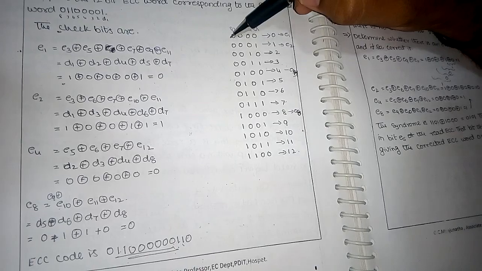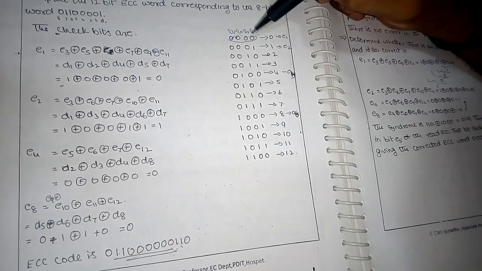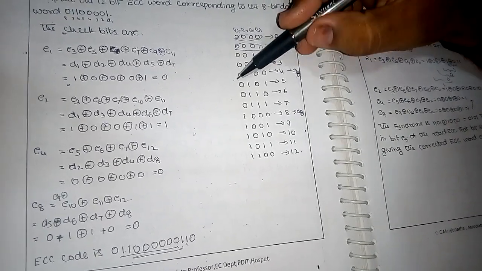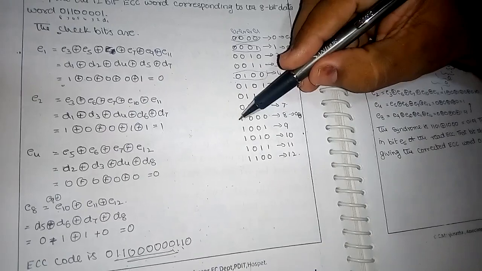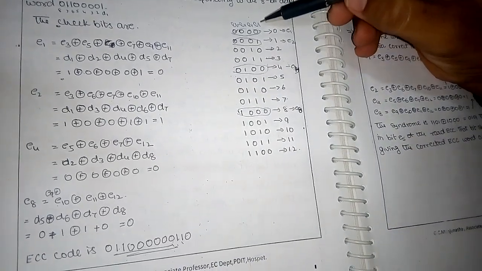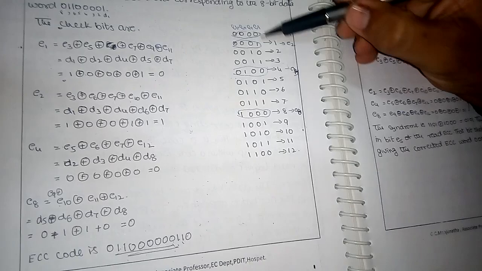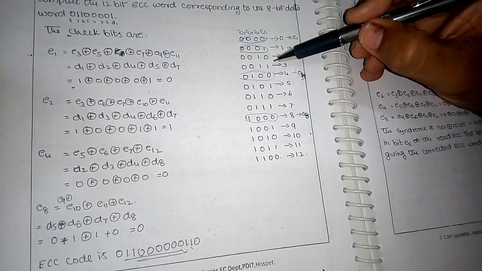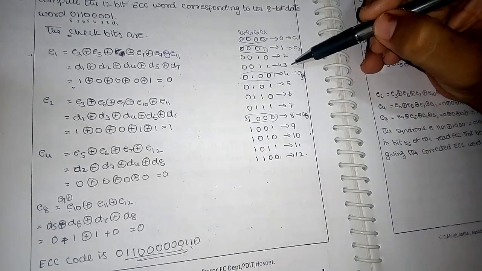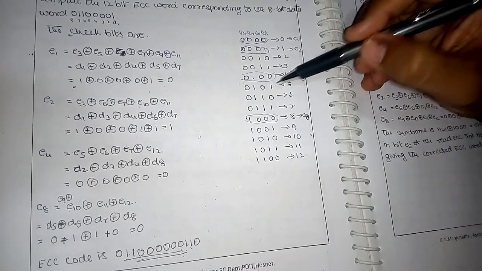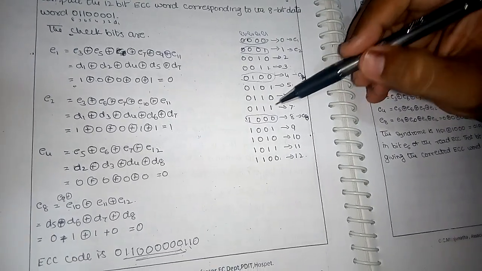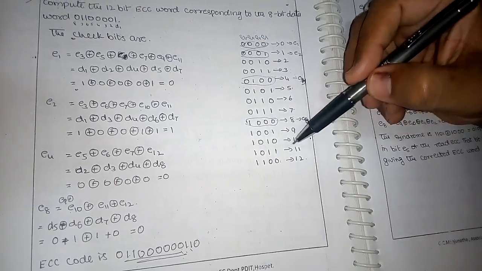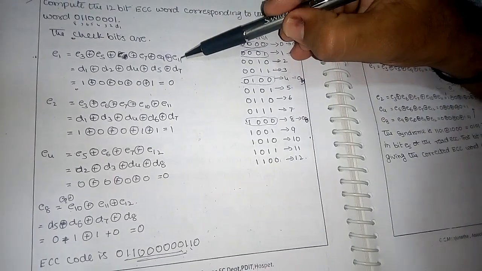You leave these bits because you have to check the error of E1, E2, E4 and E8. In the E1 column, where the ones are there, I have to write the corresponding value. For E1, the 1 is existing in E3, E5, E7, E9 and E11. This one we have written here.